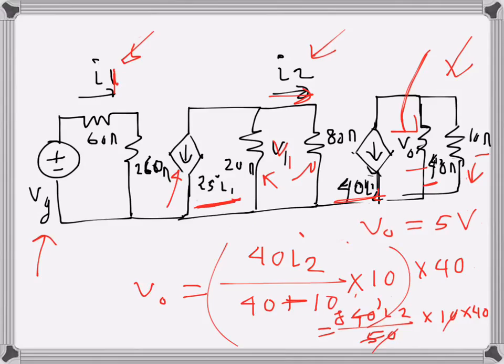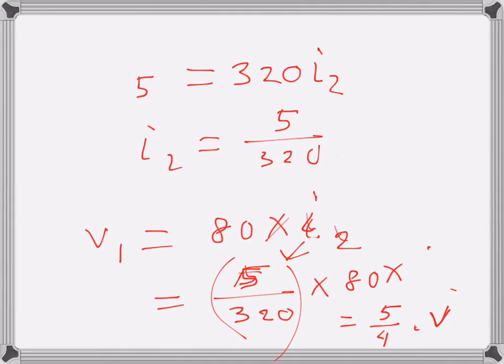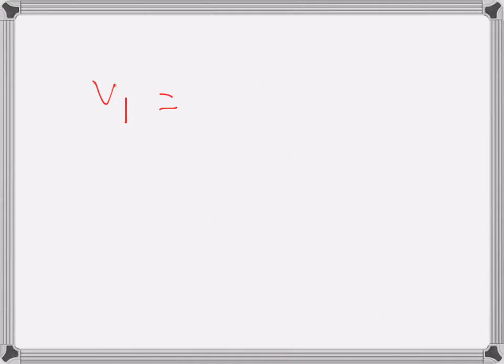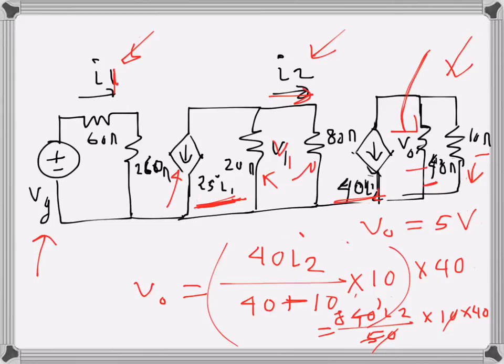Now we have the value of V1, so we will express V1 in terms of I1, which is this current. V1 is the voltage drop across the 80 ohms resistance. The current here is 25 I1, and this is being divided between these two resistances, 80 and 20.